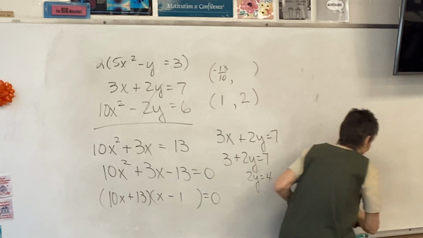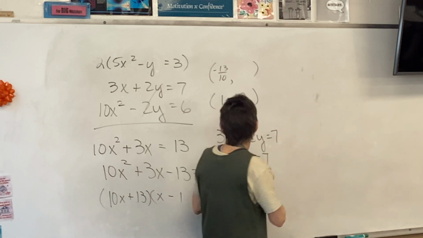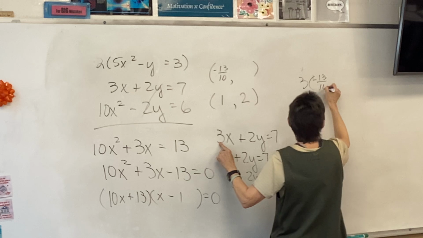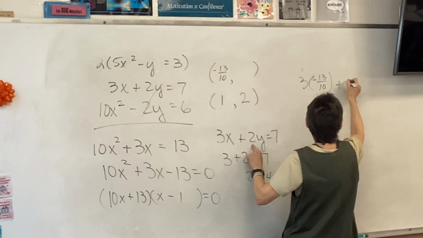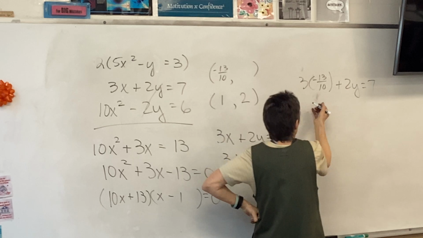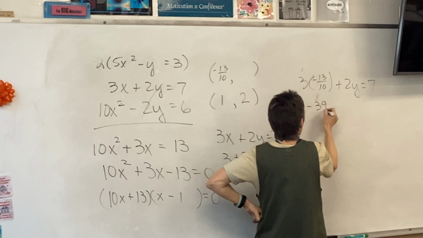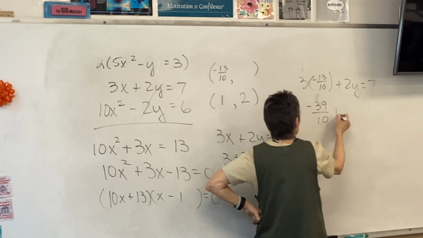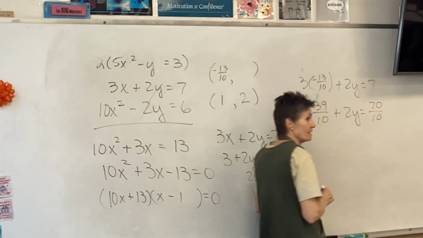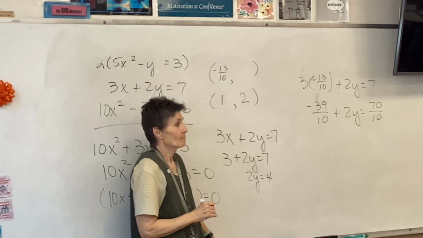So 3 times negative 13/10 plus 2y equals 7. So negative 39/10 plus 2y equals 70/10. Put a 10 under that 2y.